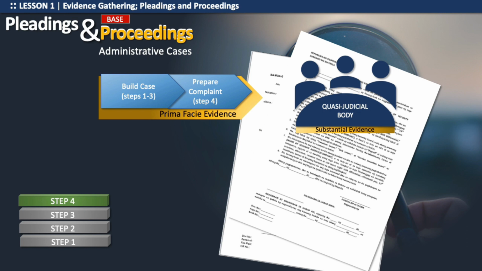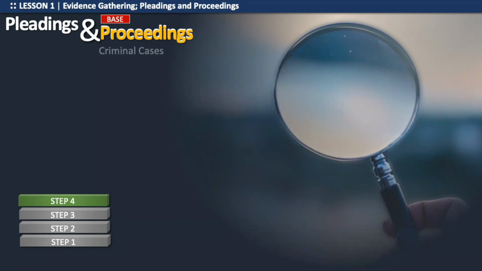You have prima facie evidence to commence the action, but in order for the administrative action to conclude in favor of the state against the alleged violator, substantial evidence must be there to prove that.